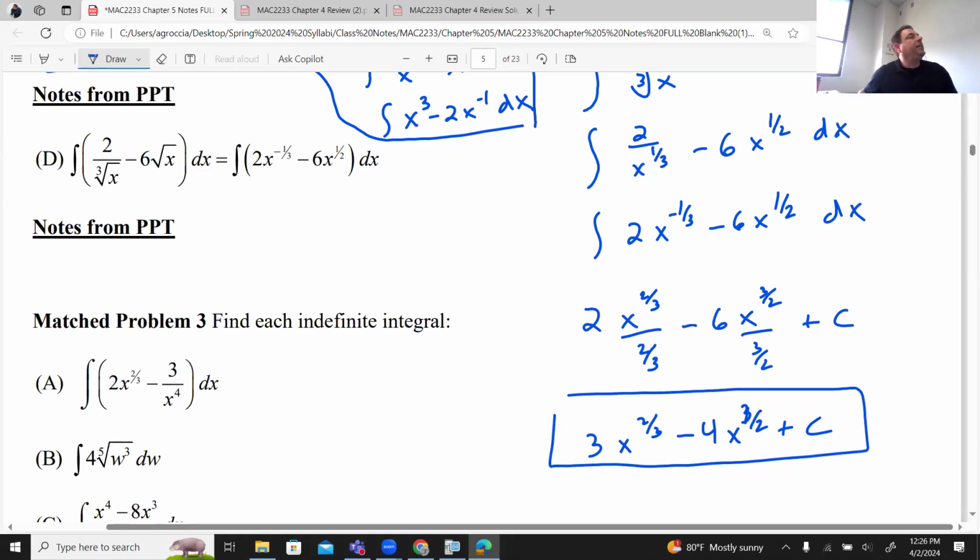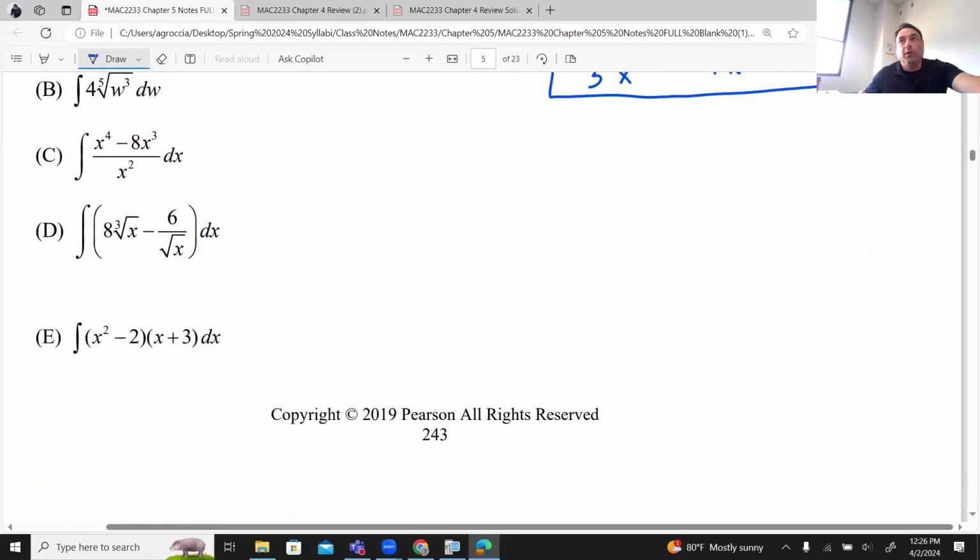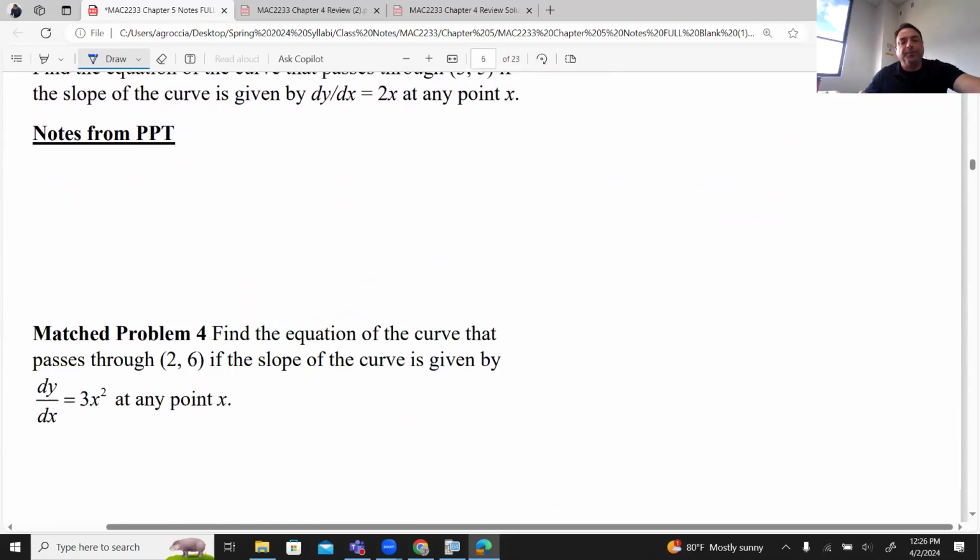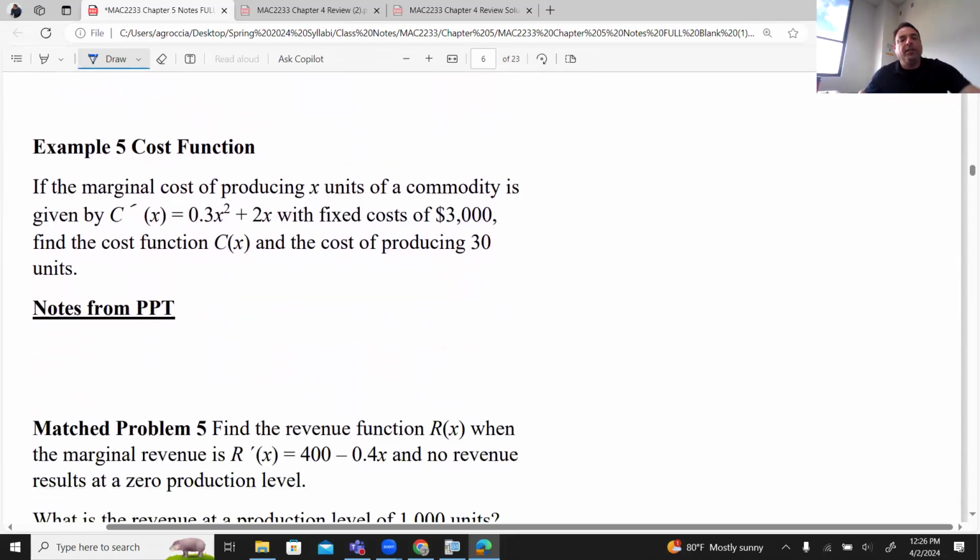Okay, so we spent a lot of time on how to do it, but we haven't talked about at all why we do integrals. So that's why we're going to go to our word problems. So here it says, now read it carefully, if the marginal cost, what's marginal cost mean?